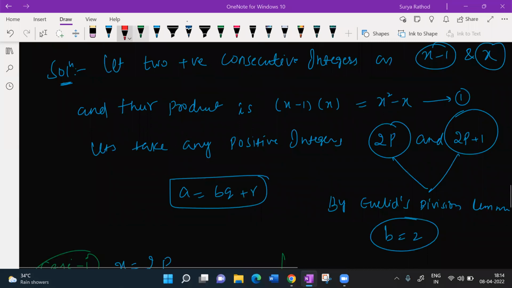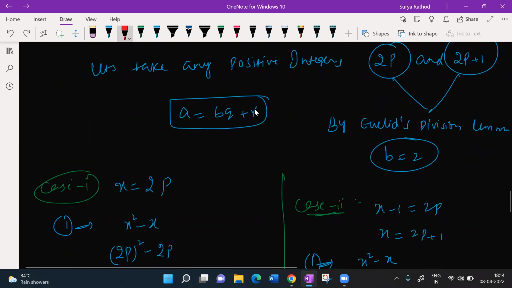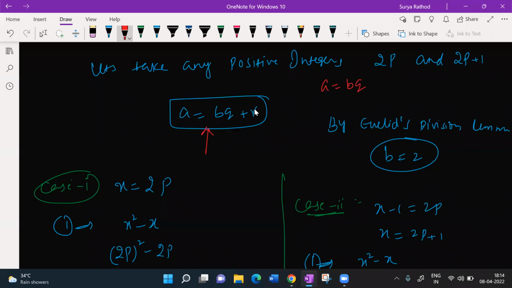Why did we take B is equal to 2, sir? Better look at this here. As per this formula, A is equal to BQ plus R. What is R here? 0. What is B here? Like that. Understood my point? I'm comparing these numbers with this form.